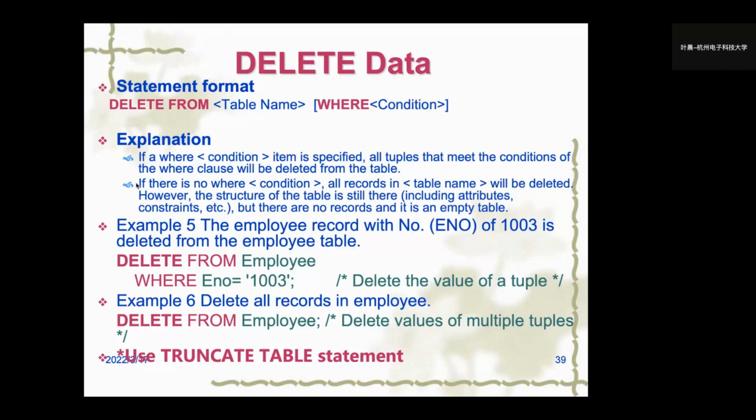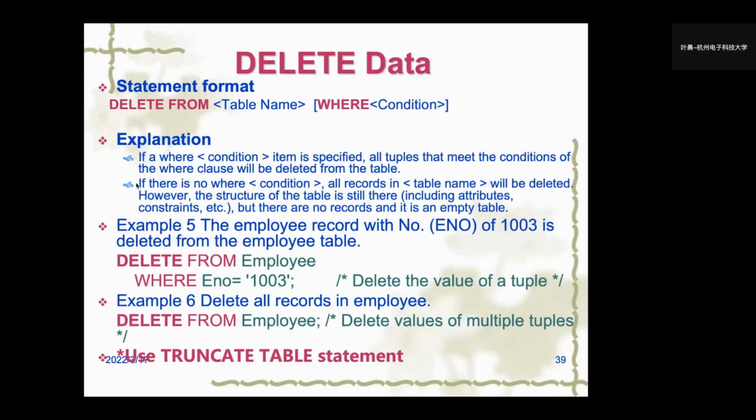And if there is no where condition, all the records in the table will be deleted. However, the structure of the table is still there. So the structure, including the attribute constraints, is still there. But there are no records and it is an empty table.